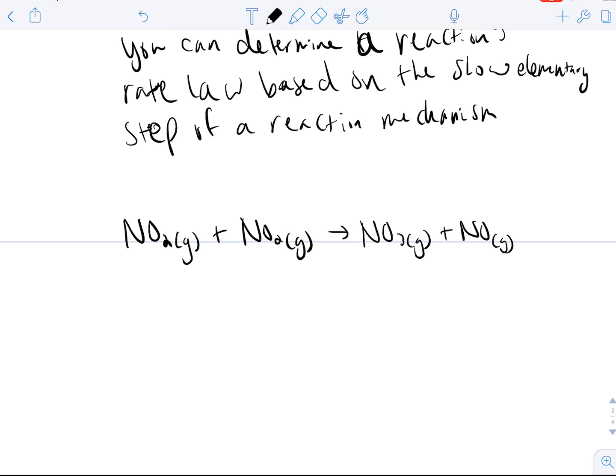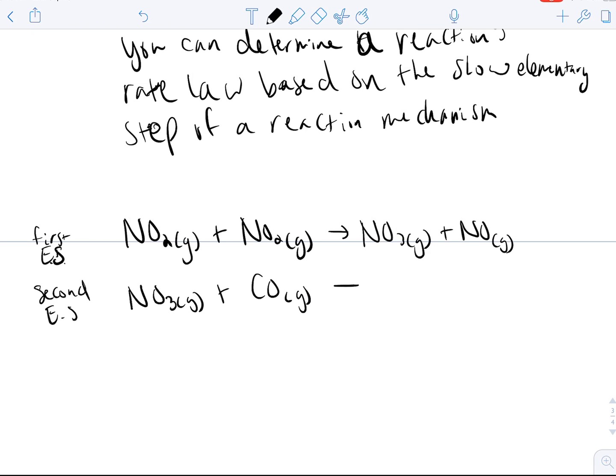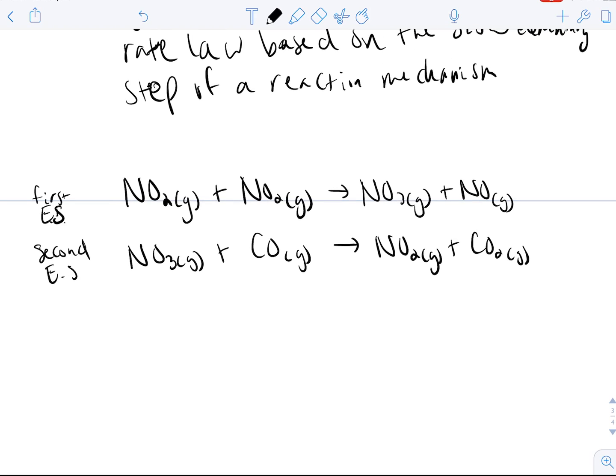This is our first elementary step. I'm just going to write ES for elementary step. Then our second elementary step would be NO3 gas plus CO gas reacts to produce NO2 gas plus CO2 gas. So this is our first and second elementary step.